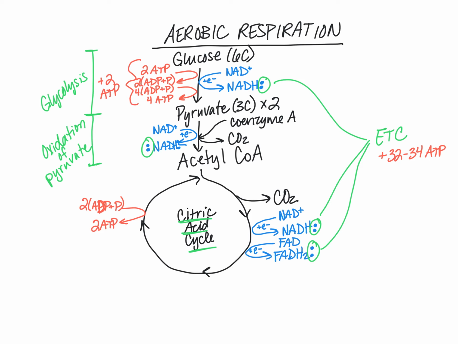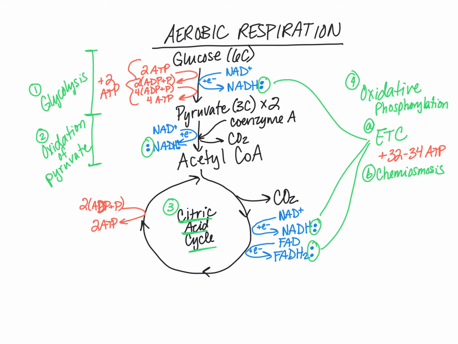And then the electron transport chain is the first part of oxidative phosphorylation, which includes the events of the electron transport chain followed by chemiosmosis. So once again, glycolysis is first, followed by the oxidation of pyruvate, then the citric acid cycle, and then oxidative phosphorylation.